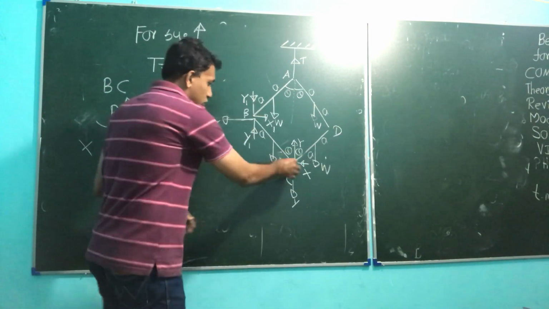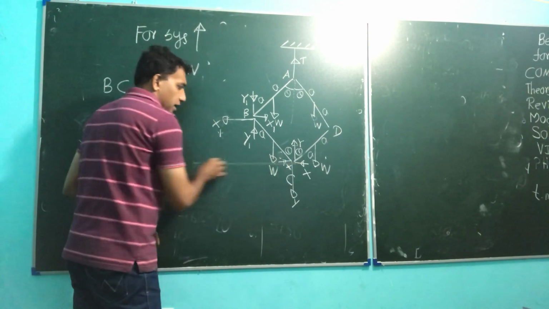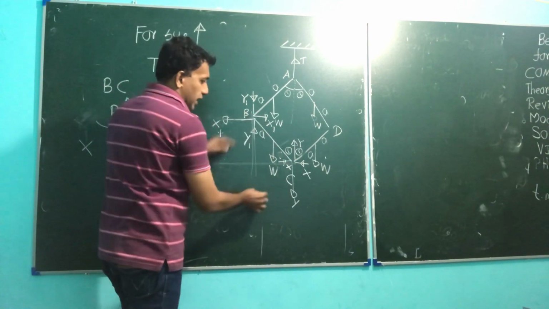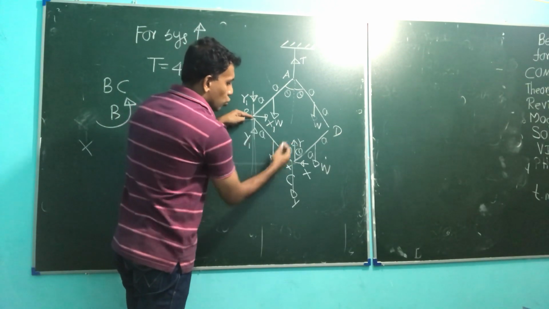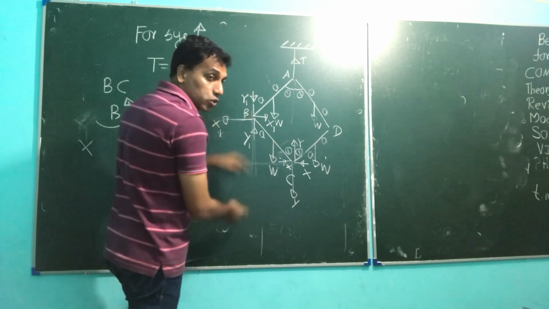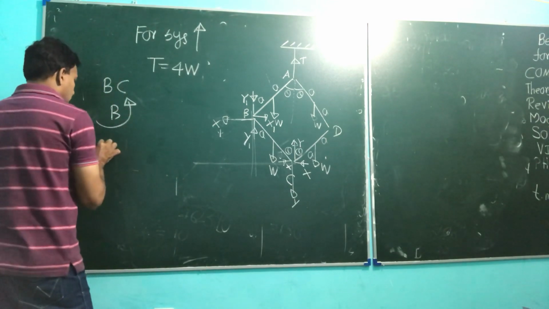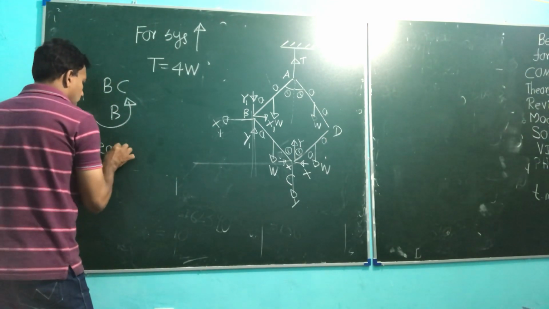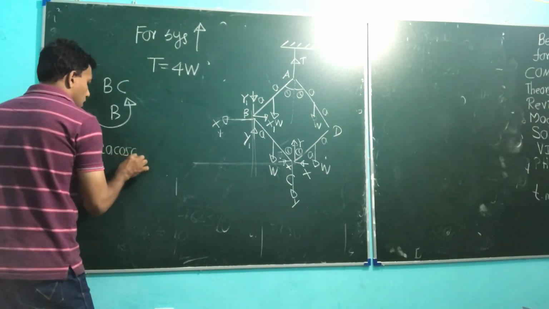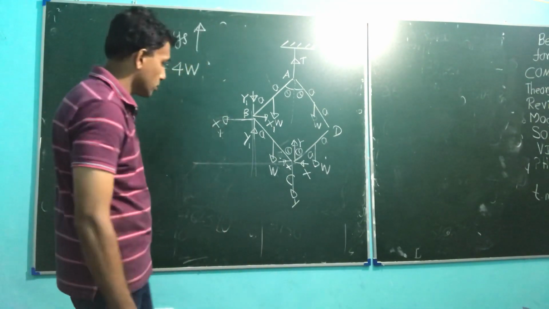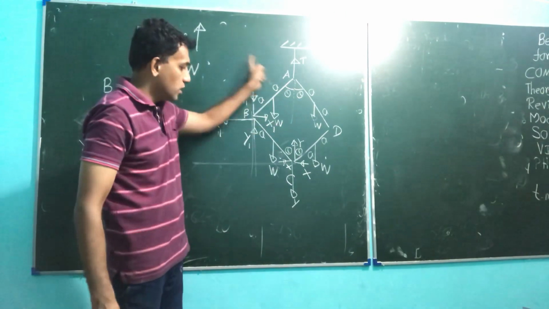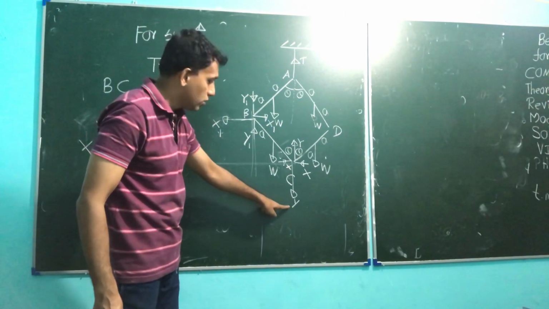This is the line of action. What is this? Here 2a cos theta, right? X into 2a cos theta. This direction. How does Y come on the other side?